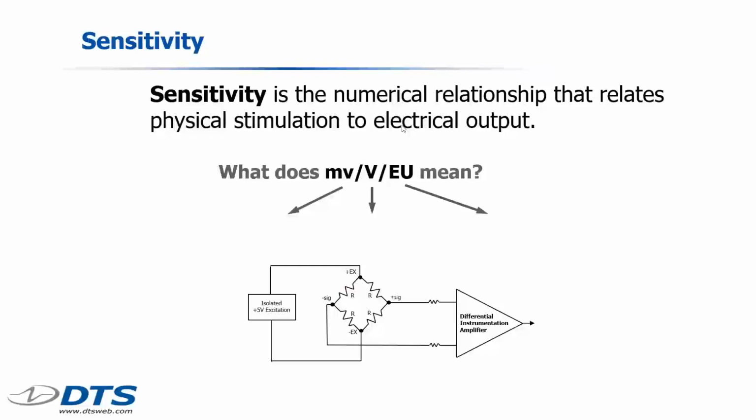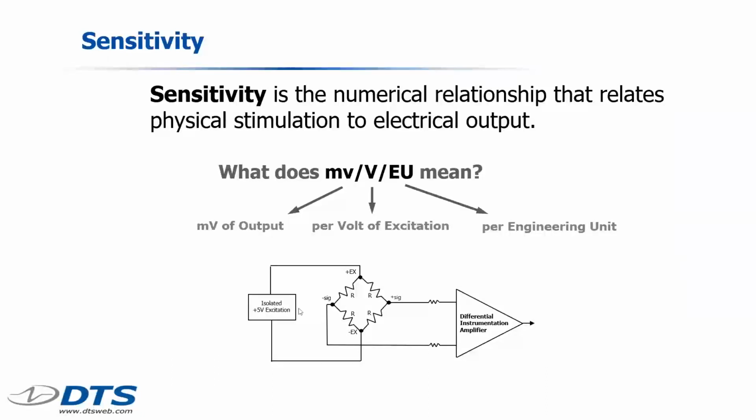Now, how do we relate the output of the sensor to the engineering units we're trying to measure? This is represented by the concept of sensitivity. It's the numerical relationship that relates the physical stimulation to the electrical output. And we typically refer to that as millivolts of output per volt of applied excitation voltage per engineering unit.